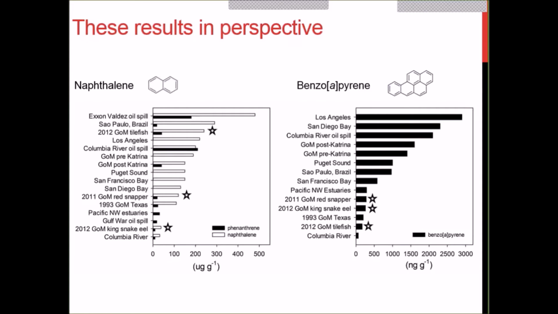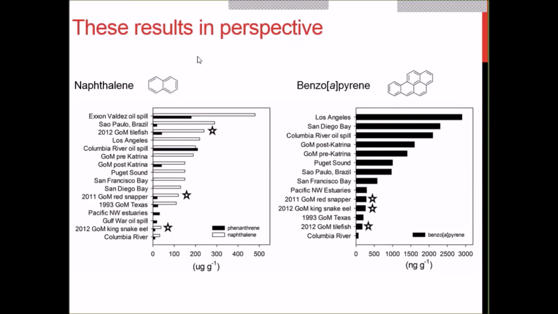So I ranked our data, denoted with the stars, compared to these other studies. If we focus first on the left-hand side, the naphthalene graph, you can see that our tilefish data are playing out quite high on this graph. However, they are falling below pink salmon sampled after the Exxon Valdez oil spill.